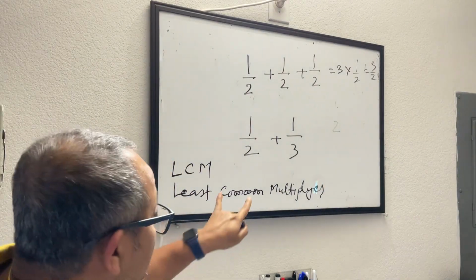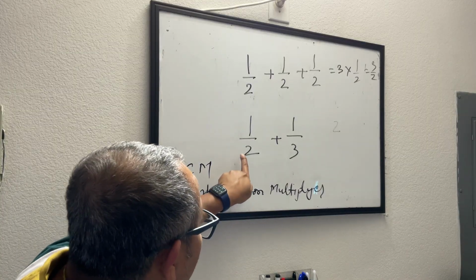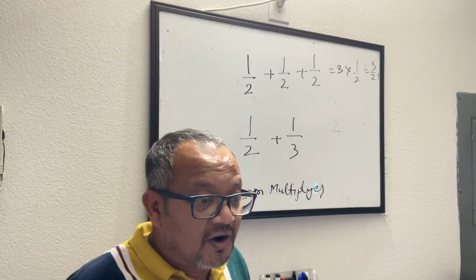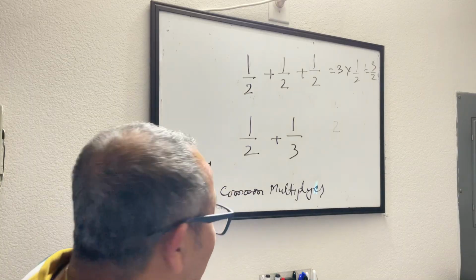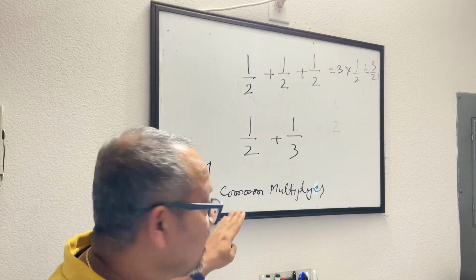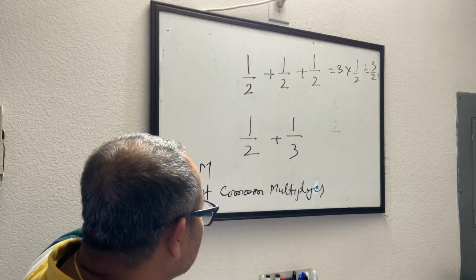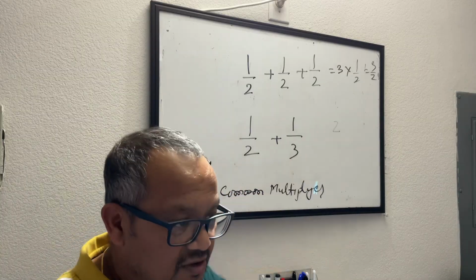We have to find the number which is smallest and is a multiple of this and this. In the simplest form, you have to find a number that is a multiple of this and this, meaning the smallest number that comes in the table of 2 and 3 both.